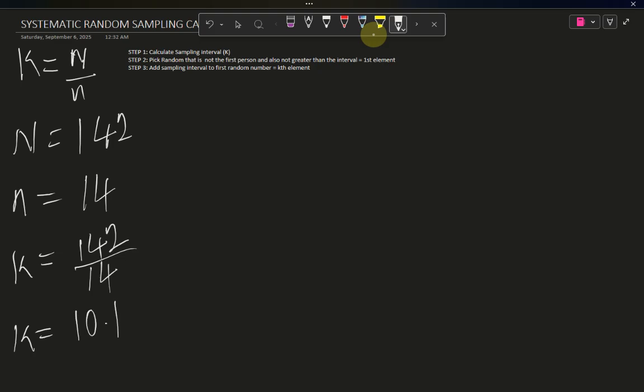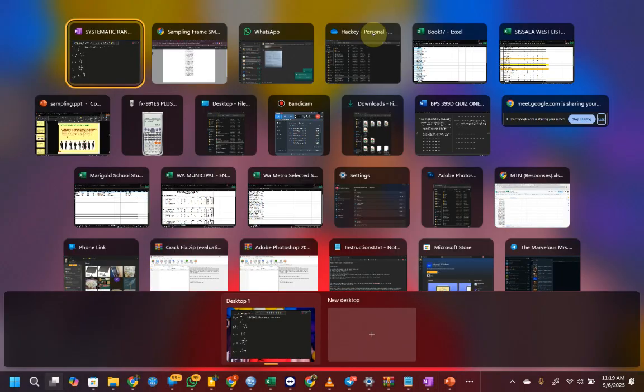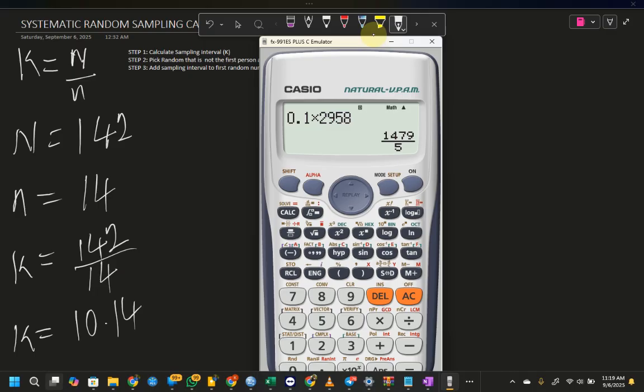If you are using a scientific calculator, you have to press this SD to get 10.142, so rounded to 2 decimal places, 10.14.